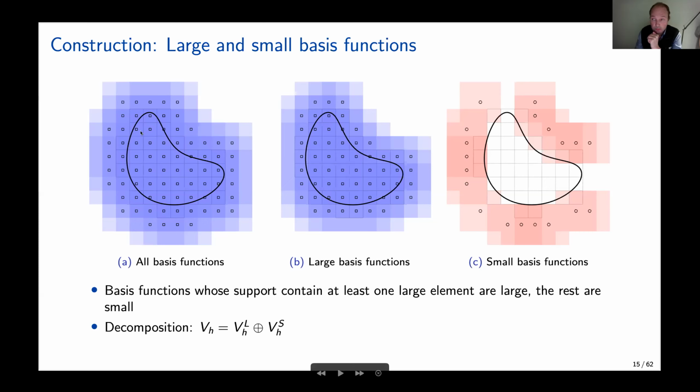So this is for splines, this particular example, but it's the same kind of picture for finite elements. These are C1 splines of second order, which means that they have support consisting of a patch of 3 by 3 elements. So they have a wider support. Okay, so then the decomposition is given just by the span of these two sets of basis functions.